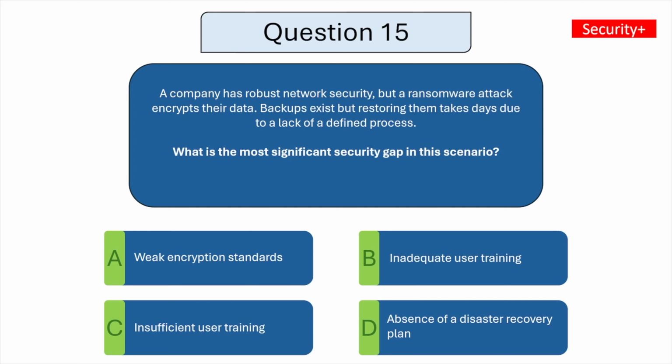So the answer will be which one responds the best, or when it comes to the remediation, the recovery phase of it. Now, with that said, since there's a lack of a defined process when it comes to restoring systems back to optimal business performance, I would say the security gap is the lack of a disaster recovery plan. So I'm going to go with D.